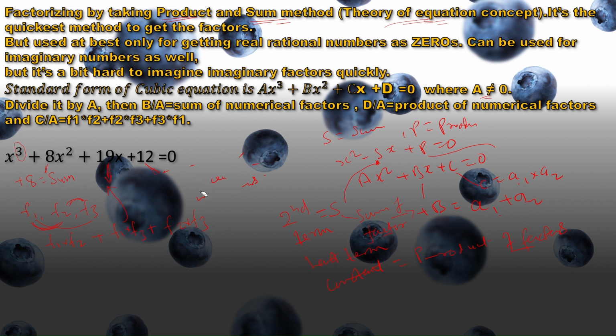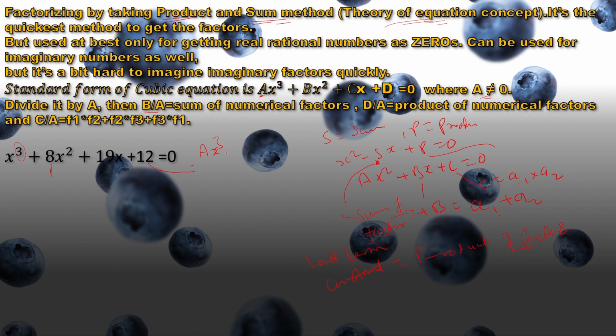Now we will start. Let's take 3 factors whose sum should come as 8. What can be the 3 factors? This term b by a I have not told you yet. In order to make the coefficient a equal to 1, we simply divide the equation by a.